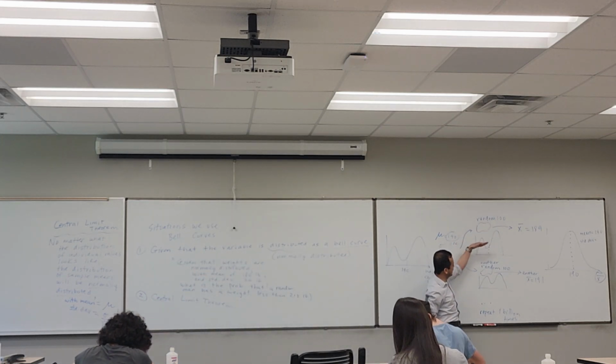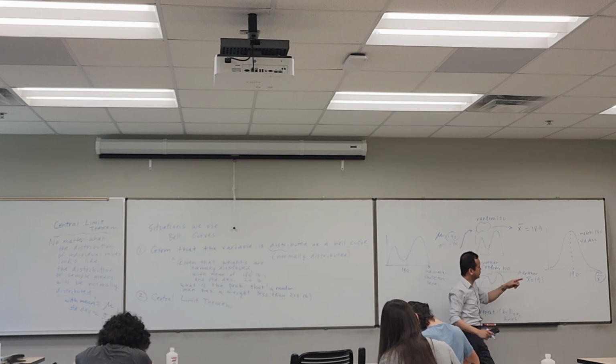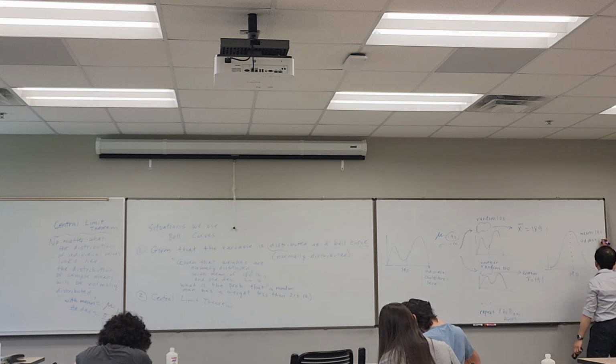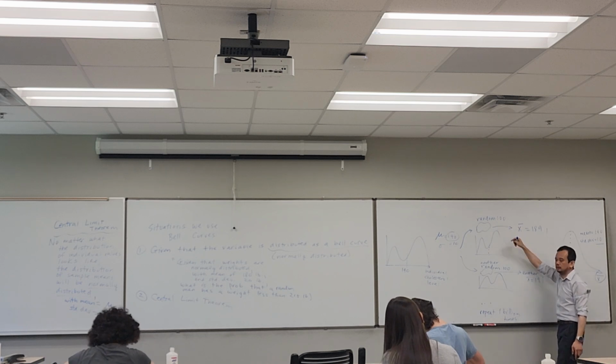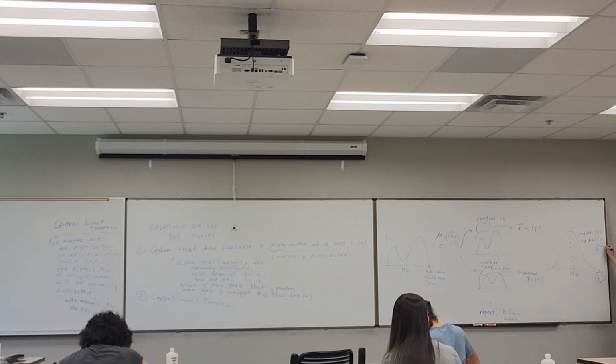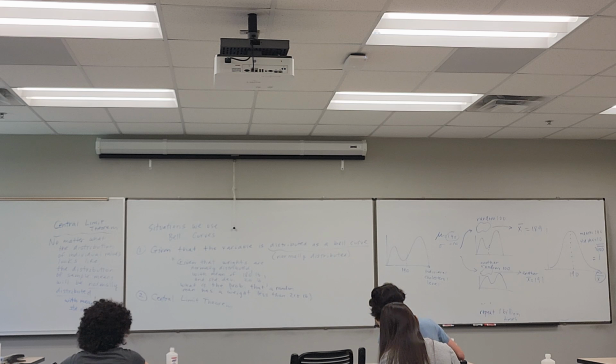Each of these samples here has a sample size of 100. So this standard deviation will be the original standard deviation, 10, divided by the square root of the sample size, which is the square root of 100. Yeah, very good. The square root of 100 is 10, so 10 divided by 10 is going to be 1. So this new standard deviation is only going to be 1.